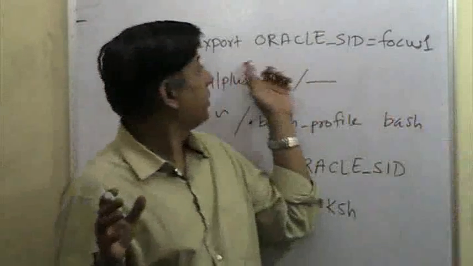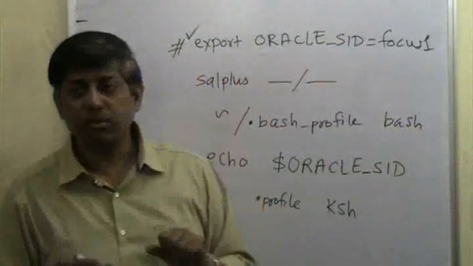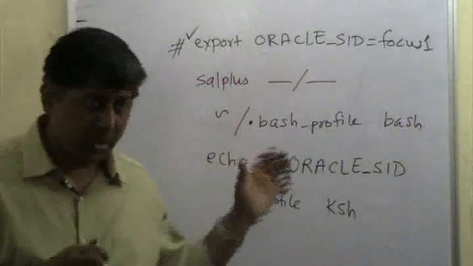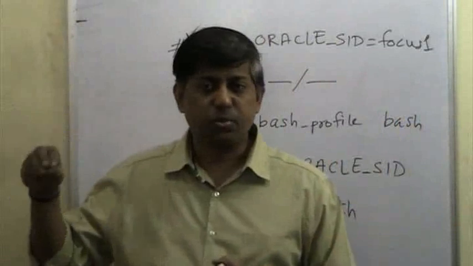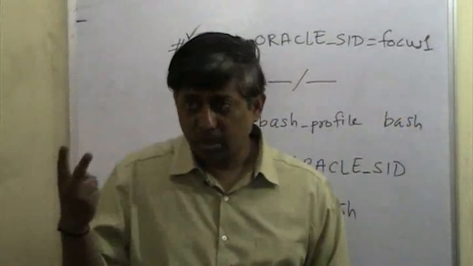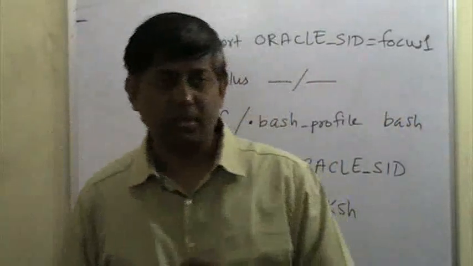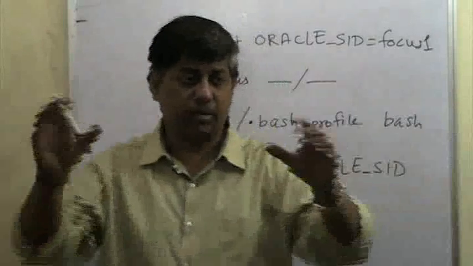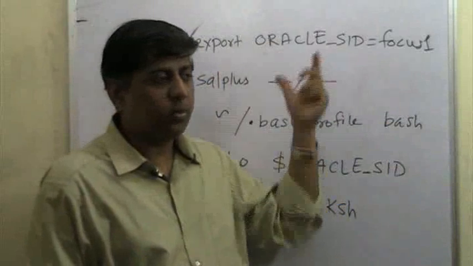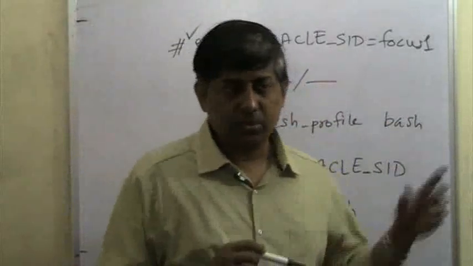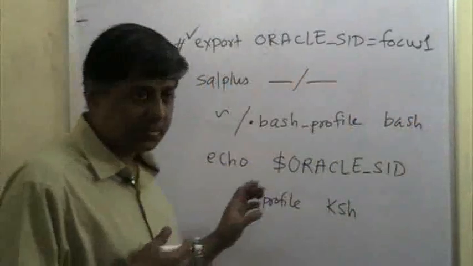And then in one window you execute the command export ORACLE_SID=Focus1, and then you connect to the database, which is Focus1. In another window you execute the command export ORACLE_SID=Focus2, and then you connect to the second database. So from two different windows you can connect, and therefore this is a variable. This variable will be wiped out the moment you close the window. So the values would be gone.